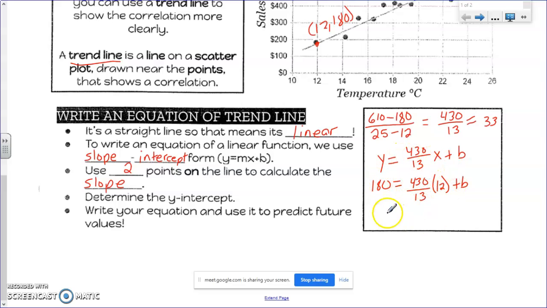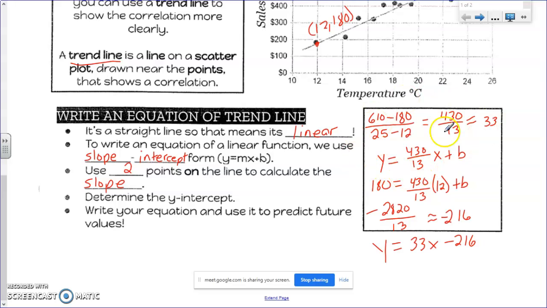I've got the answer here, so I'm going to get negative 2820. So I multiply these two and then subtract over 13. Then if I simplify that, it's approximately negative 216. So I'm going to get y equals 33x minus 216.